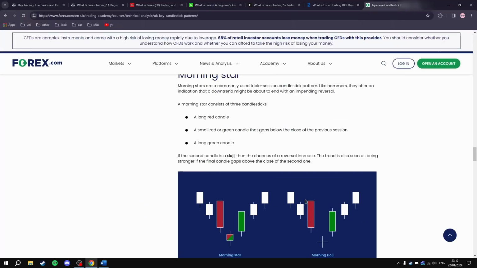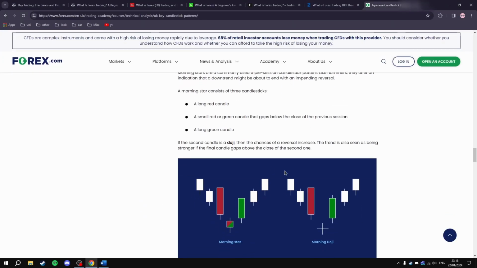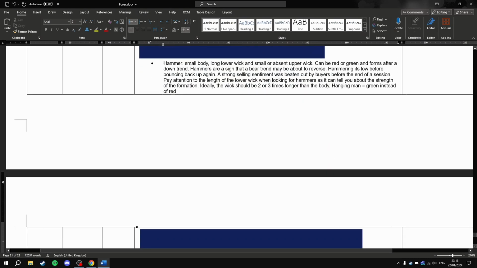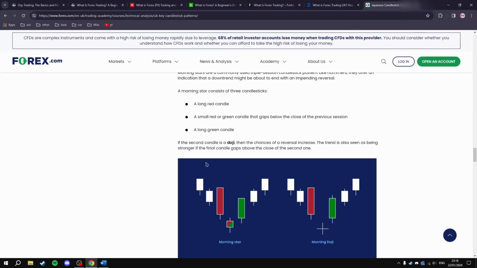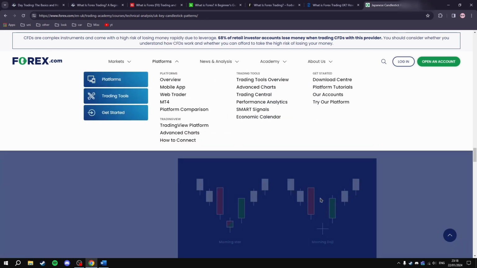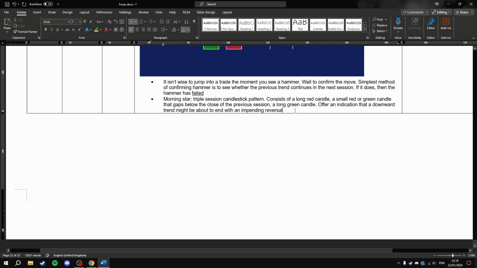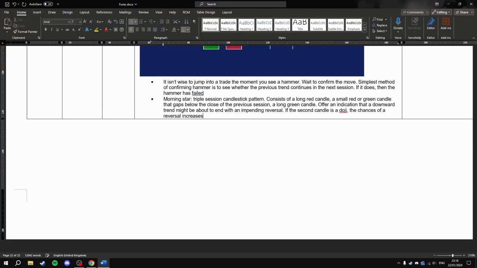It should be offering an indication, right? If the second candle is a doji, aka one of these bad boys, then the chances of a reversal increases.